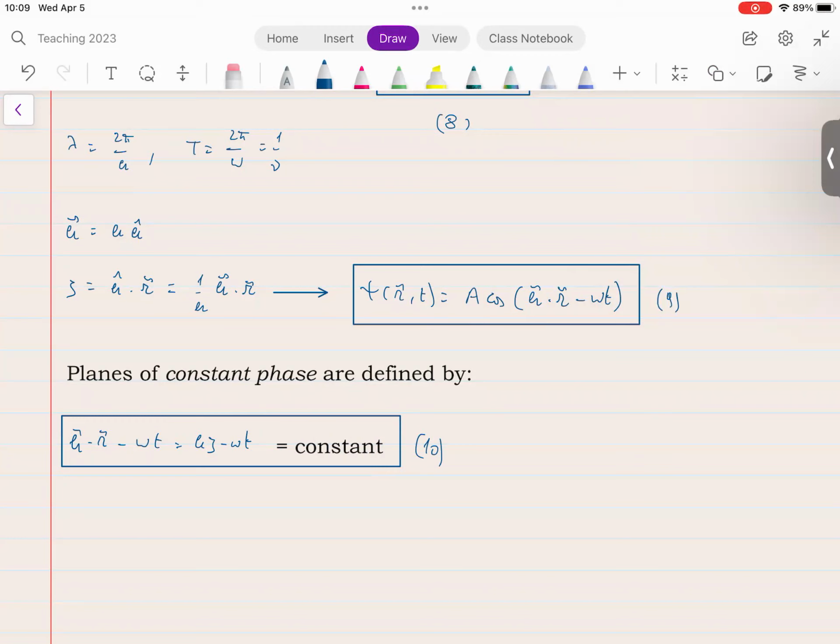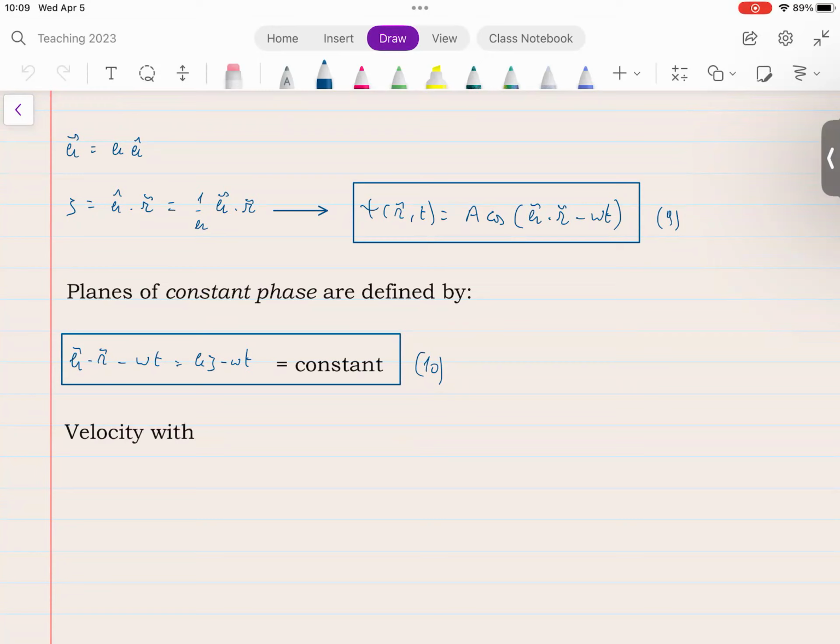Okay, so if this is the plane where the phase is constant, I can define the velocity with which this plane moves.